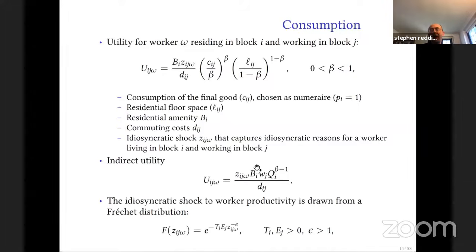And then again, in the indirect utility function, we're going to have these amenities, capital B, both exogenous and endogenous amenities, the commuting costs, which here you see are multiplicative with the wage. And then here again, we've got our idiosyncratic preference draw, little z.